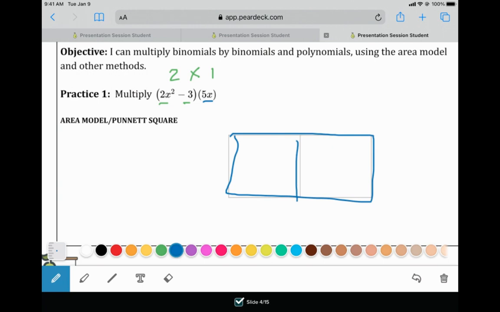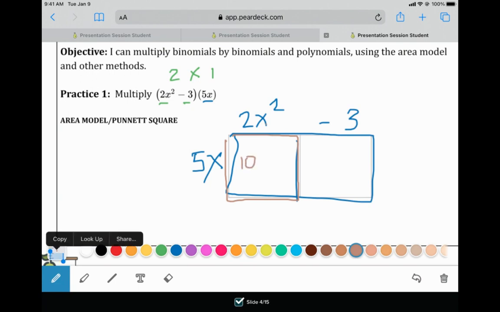Okay. So now I can label it in. The first box is going to be 2x squared. The second box is negative 3. The one sideways is the 5x. So when I multiply, this is the first box that I'm looking at. Length times width, so 2 times 5 is 10. x squared times x to the first power.